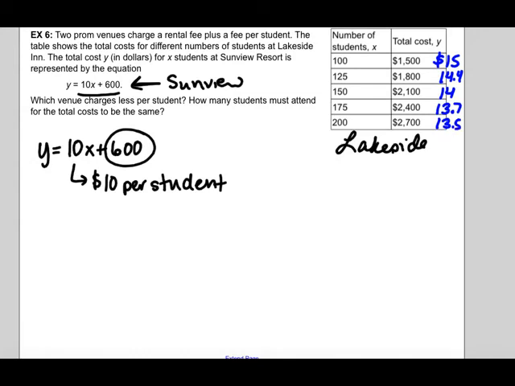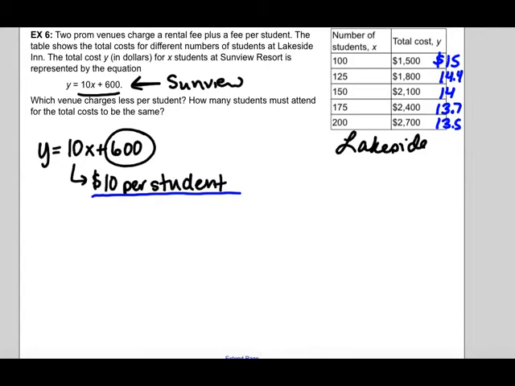Question is, which venue charges more per student? Okay, remember, the other company doesn't charge a flat fee. Well, this venue here charges $10 per student for any number. This one goes anywhere from 13 to 15 depending on the number of students. Well, let's think about this. Where is it going to be the best? How many students must attend for the total cost to be the same?